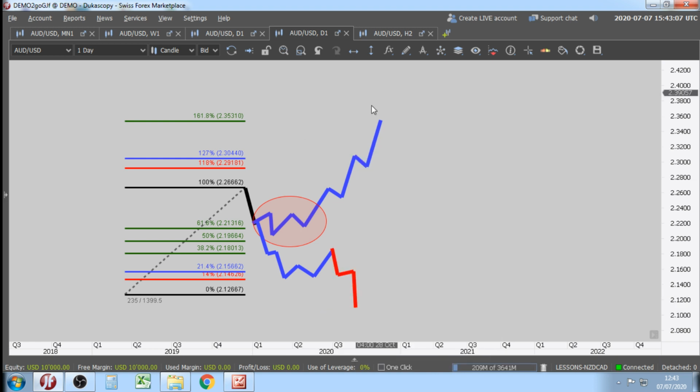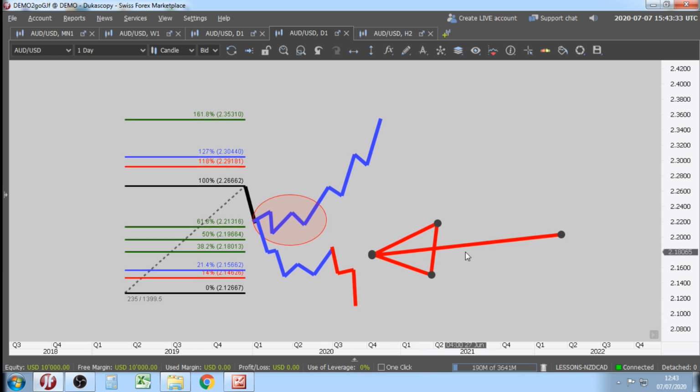Okay? Fibonacci, as every other tool, is not guaranteed. And remember that sometimes when you enter a 50% rate, you can still win. And sometimes, not a lot of times, but sometimes, if you enter an 80% rate, you can still lose.